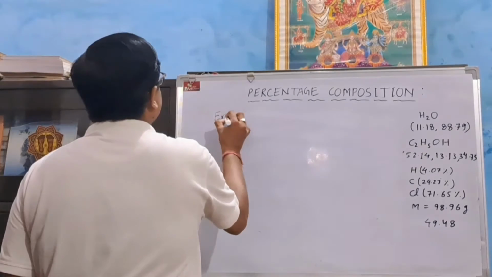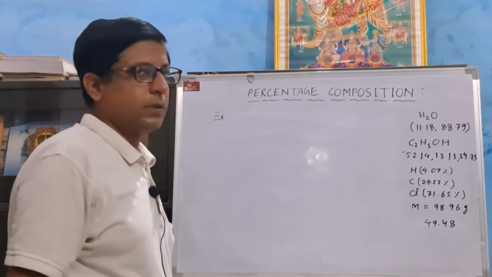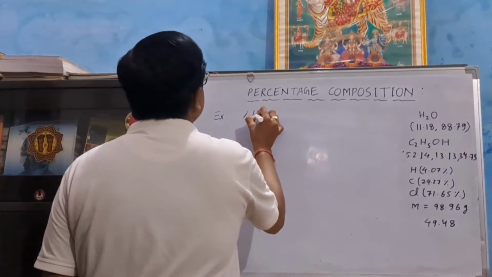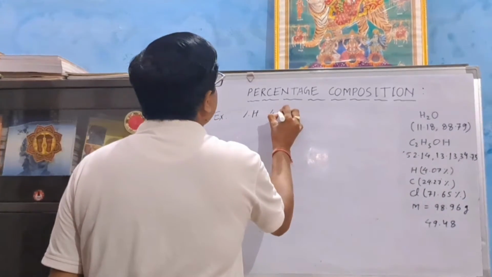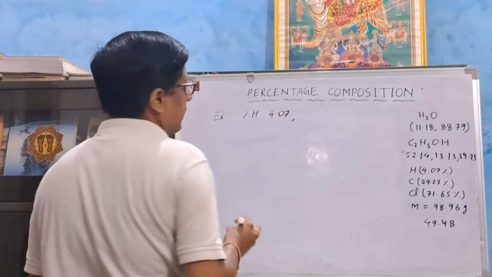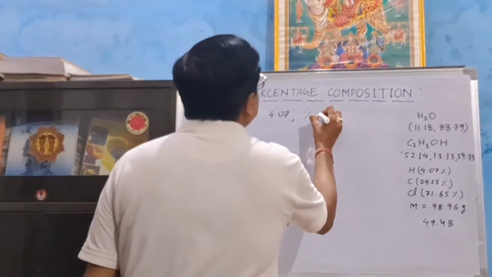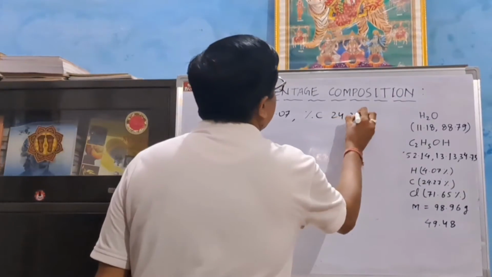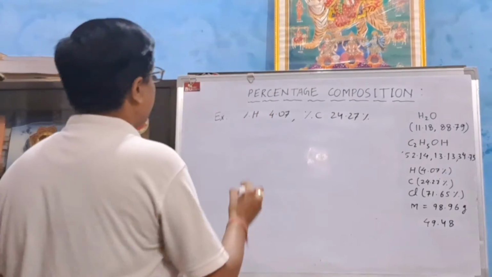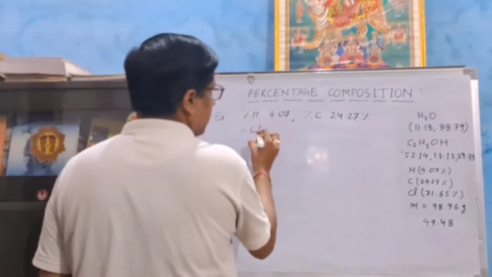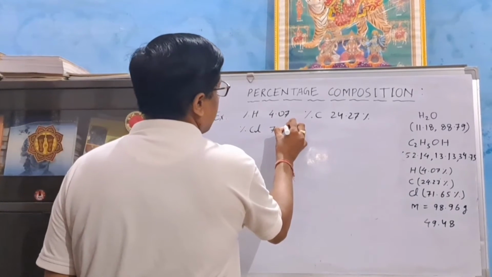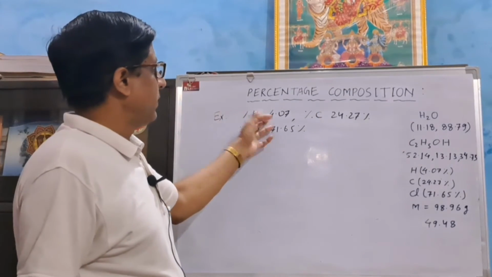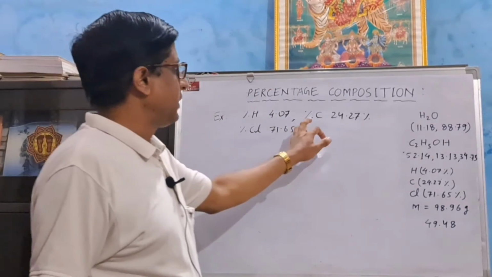In a given compound, the percentage of hydrogen is 4.07, the percentage of carbon is 24.27%, and the percentage of chlorine is 71.65%.